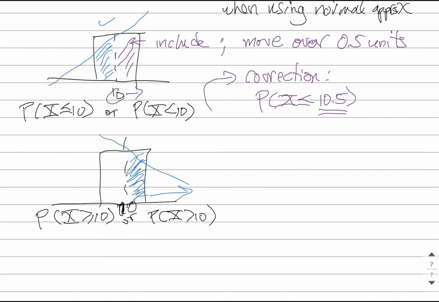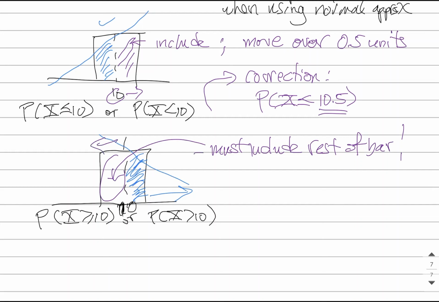But we have to include this portion. We have to include the rest of the bar. And that means we are going to slide over another 0.5 units to include the full bar.